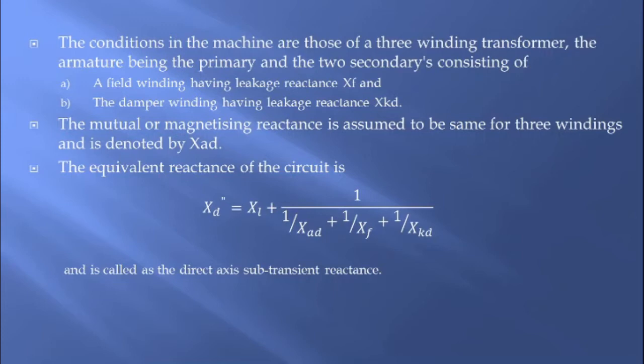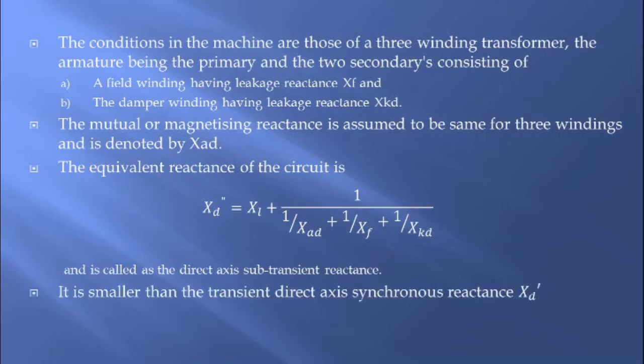This is called the direct axis subtransient reactance. The value of XD double dash will always be less than the transient axis reactance XD dash. The subtransient reactance is always lesser than the transient reactance.